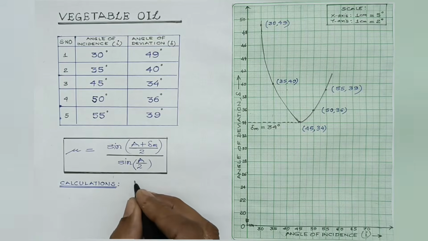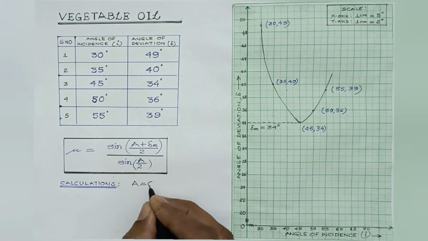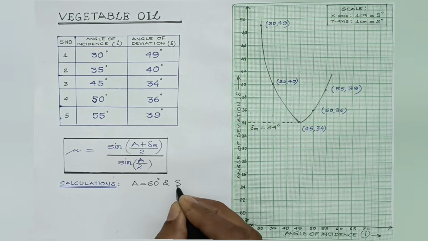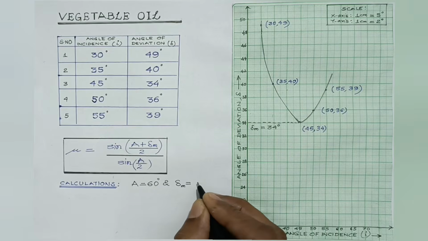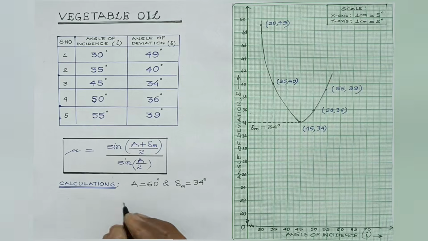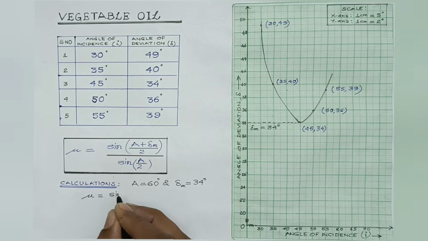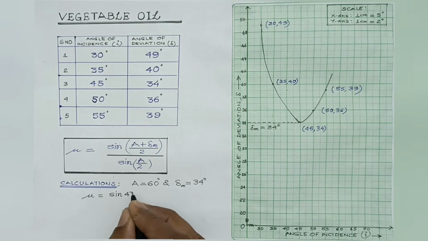Now students, angle of prism, here we have considered a hollow equilateral prism. So the angle of prism is 60 degree and delta m, which is the minimum deviation angle, in this case is found to be 34 degree. So substitute this value over here, what we get is mu equal to sin (A plus delta m)/2, which is 60 plus 34, 94 by 2, that is 47 degree, divided by sin A/2.